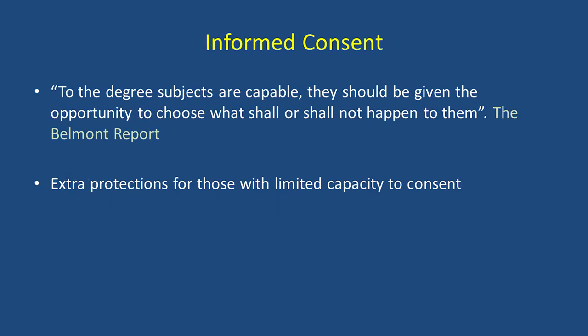Belmont, of course, says to the extent capable, participants should be given the opportunity to choose what shall or shall not happen to them, but also goes on to recommend extra protections for those who have a limited capacity to consent. And this is something that comes up in the regulations, which allow for a legally authorized representative or an LAR to consent for people who cannot consent for themselves, including children and adults who don't have the capacity to consent.